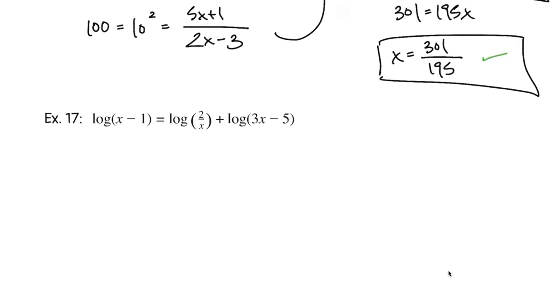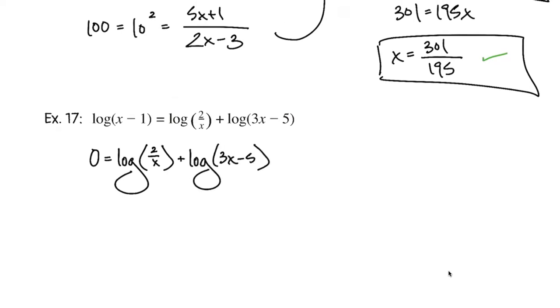Because I just want to move one term, I'm going to take the log of x minus 1 and subtract it to the right-hand side. So I'm going to end up with 0 equals log of 2 over x plus log of 3x minus 5 minus log of x minus 1.